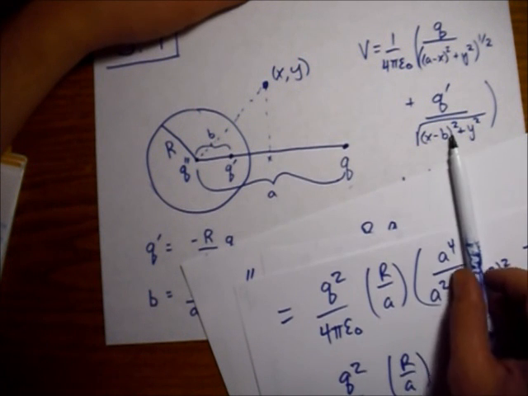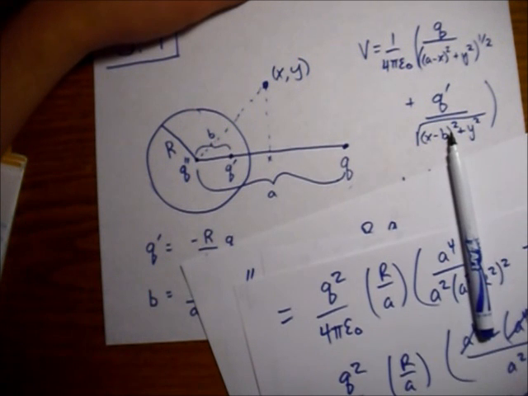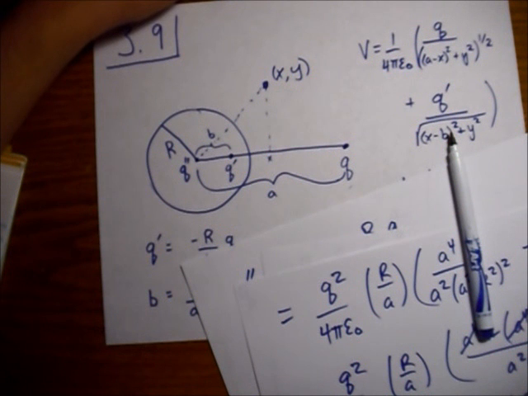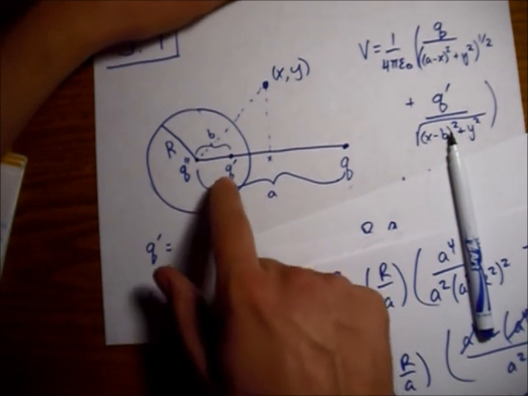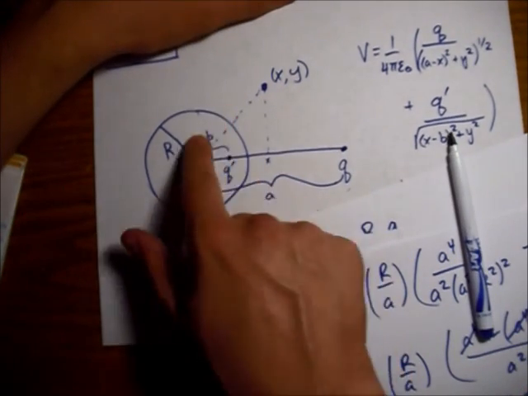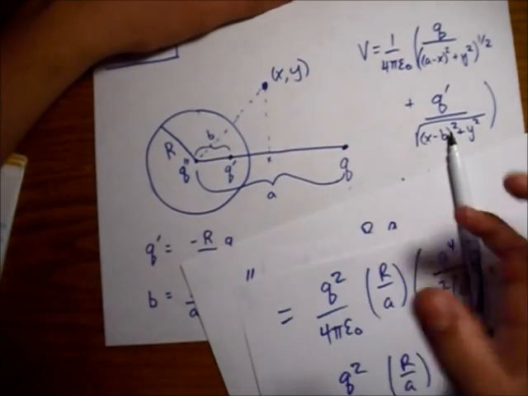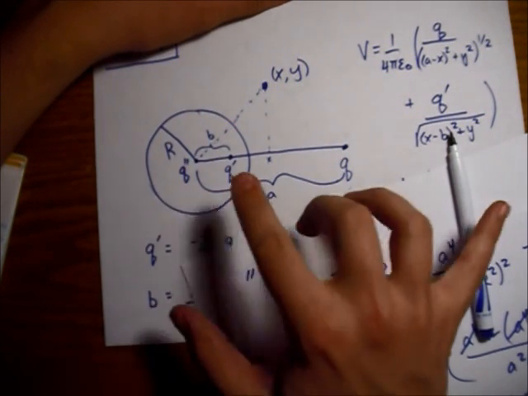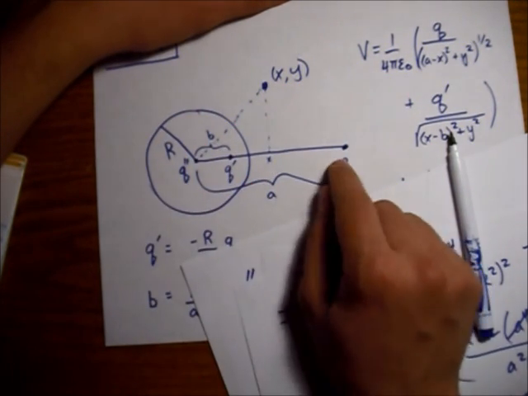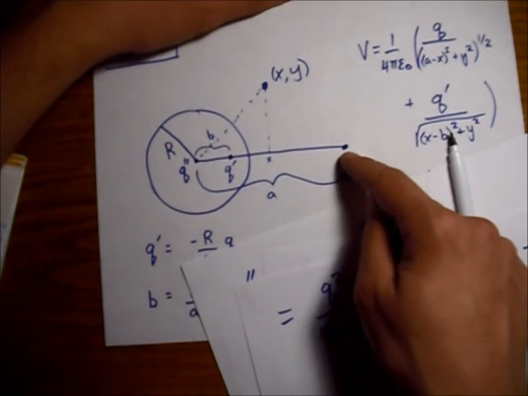And because the force between charges goes as 1 over the square of the distance between them, the negative charges that are closer to this charge will attract it more than the positive charges will repel it. So there will be a net attraction.